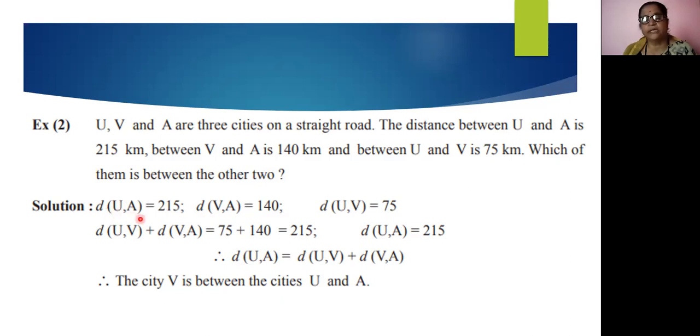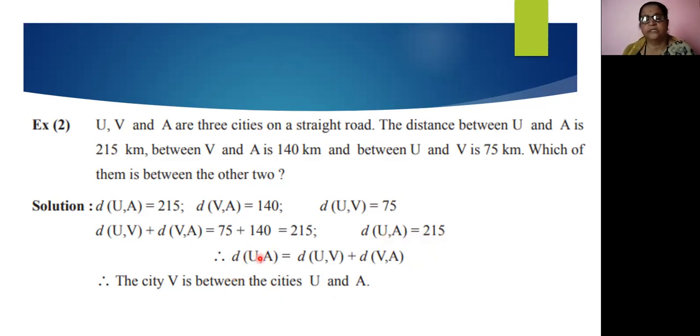Distance UA is 215, distance VA is 140, and distance UV is 75. Adding these two distances, UV plus VA is 75 plus 140, which is 215.